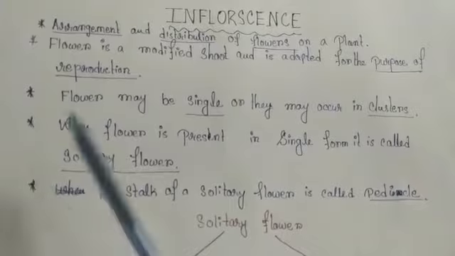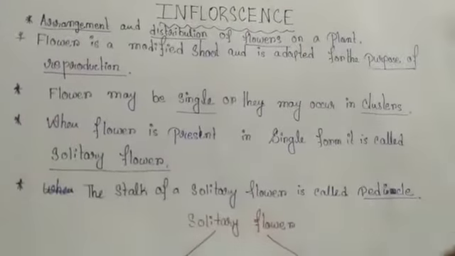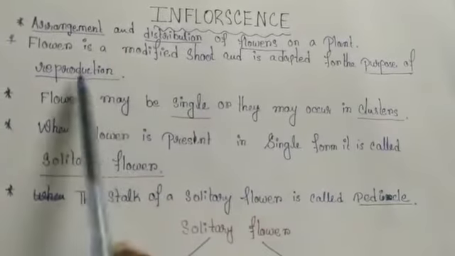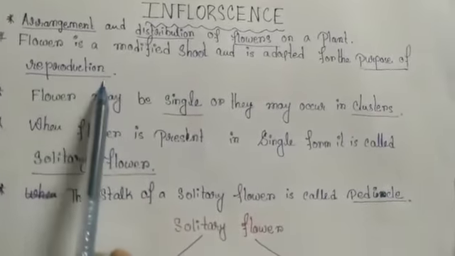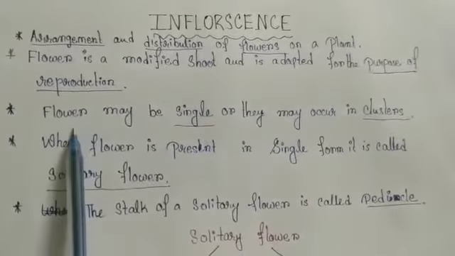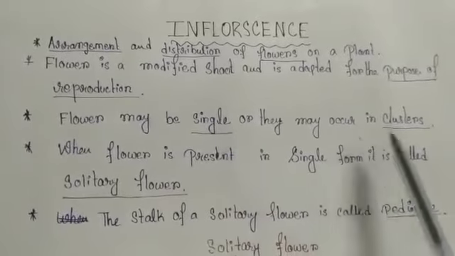We know a flower is a modified shoot, a modified stem, adapted for the purpose of reproduction. What is the main function of a flower? It helps in reproduction. Now, flowers may be single or they may occur in clusters.